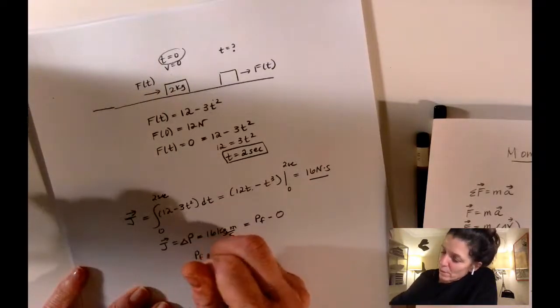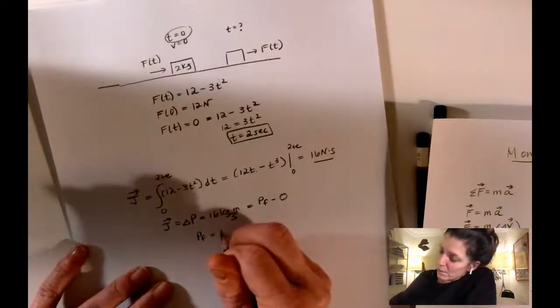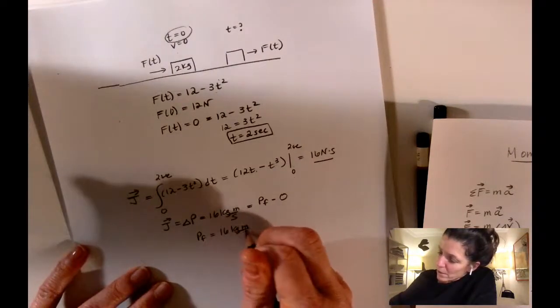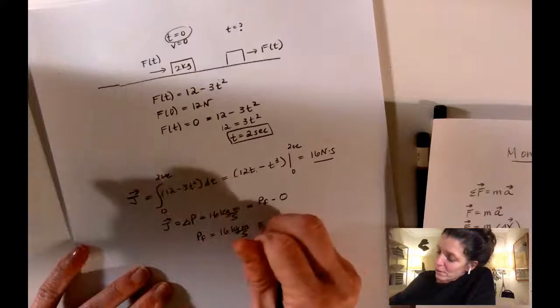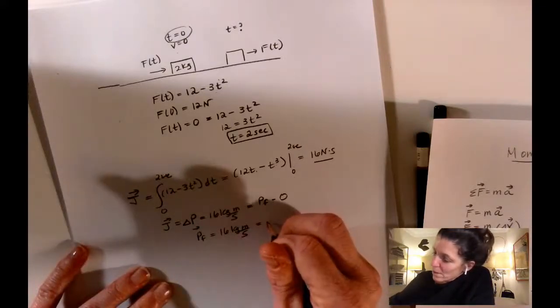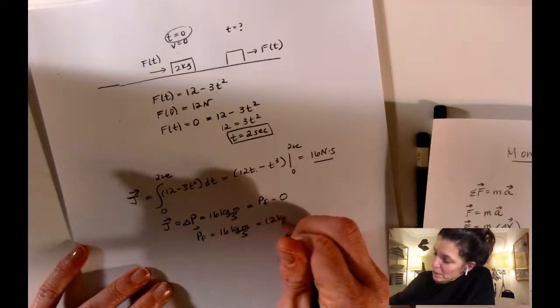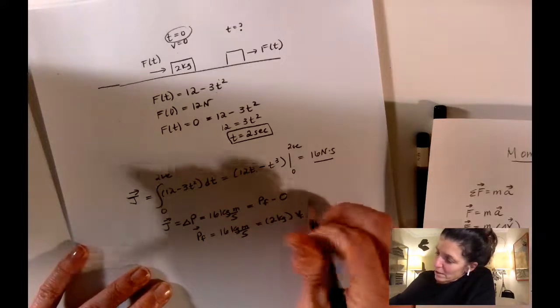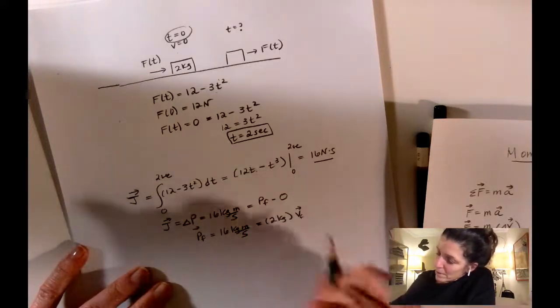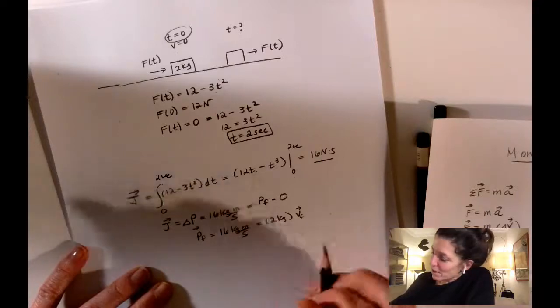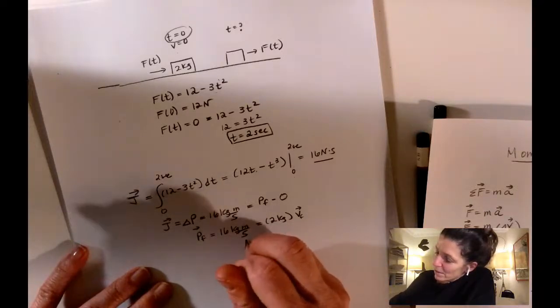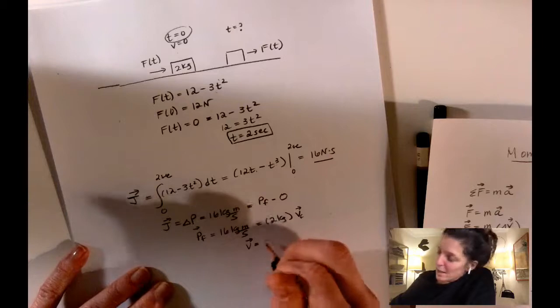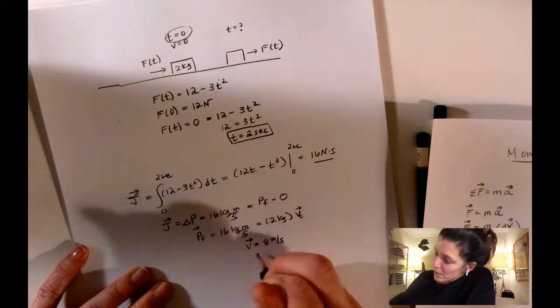And so my final momentum of this object is going to be 16 kilogram meters per second. I also know that momentum, and I should put a vector, my momentum is my mass times my velocity. And I just put a final there because this is the final velocity. And so it tells me my velocity at time 2 seconds is 8 meters per second.